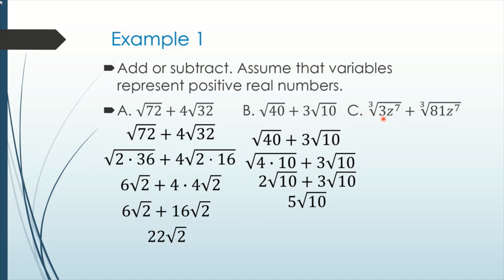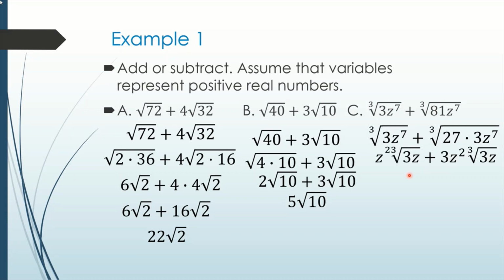With part C, we can simplify this. We can also break this apart. 81 is 27 times 3. So with cube roots, you're looking for the largest cube that goes into that number. Then continue to simplify it. 3 goes into 7 twice, with a remainder of 1.